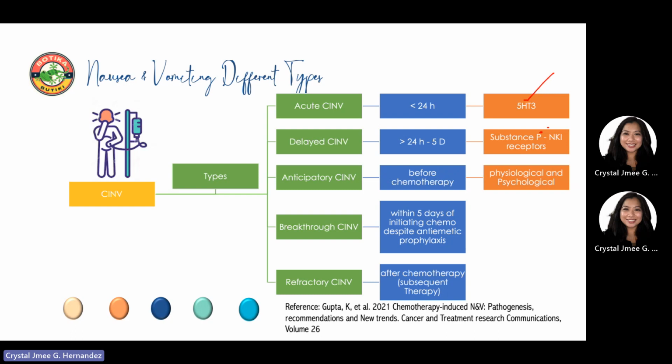For refractory, it's after chemotherapy, but we are focusing on the subsequent treatment cycles. It should also be noted that in refractory CINV, this occurs on the subsequent cycles after failure of the anti-emetic agent or the chemotherapy agent.